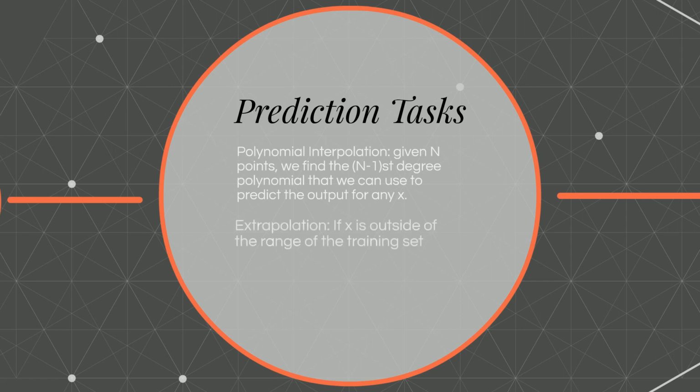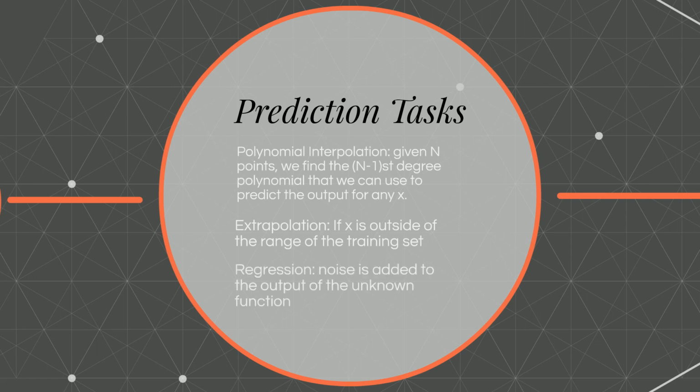We can also have extrapolation, where x is outside of the range of the x's in the training set. In a time series prediction, for example, we have data up to the present and we want to predict the value for the future. For example, if we're looking at stock trends, we'd want to know what the stock was doing in the future, not based off the past training data, and this would be called extrapolation.